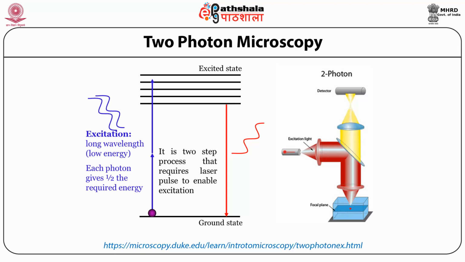But in this case we use low energy, or longer wavelength, photons to excite it, and each photon gives half of the energy that is required for it to move from the ground state to the excited state. And this stepwise excitation is done by using the laser, and once it reaches the excited state it comes back to the ground state emitting a longer wavelength.